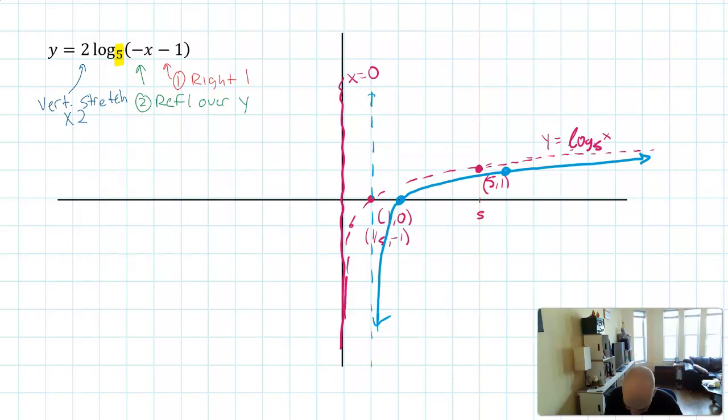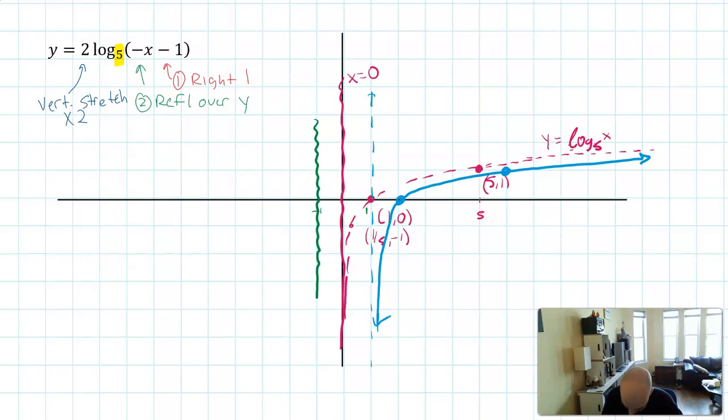Now we're going to reflect over y. So reflecting over y, remember that we have to reflect everything over y. A lot of people seem to want to reflect over the asymptote, but the asymptote's not at y equals 0. So we have to reflect over the y-axis. So we're going to take the asymptote, which is at 1, and move that to -1.